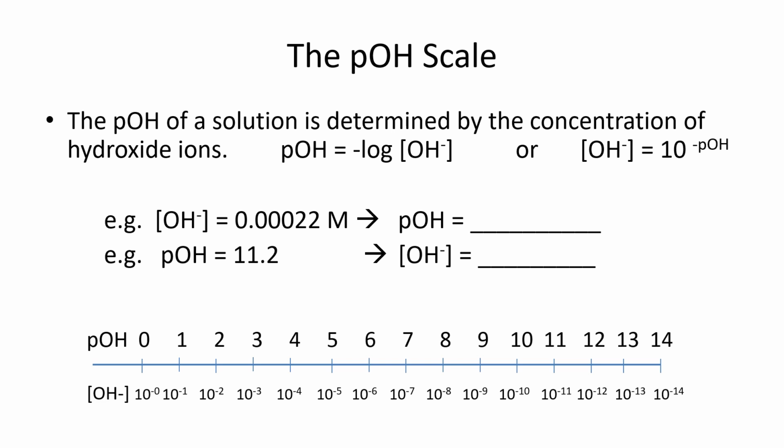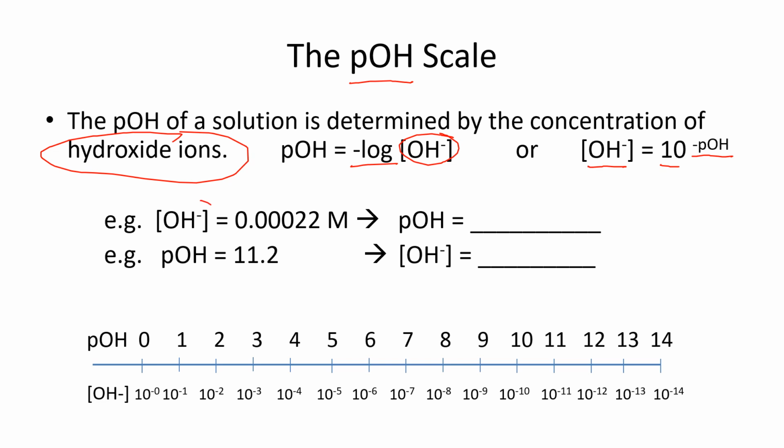It turns out, even though it's not as commonly used, that you can do a pOH scale in the same way, using the concentration of hydroxide ions just the same way that we did with the hydrogen ions. The pOH value will be the negative log of the hydroxide concentration. And if you want to get the hydroxide concentration, you say 10 to the negative pOH value related to that acid or base.